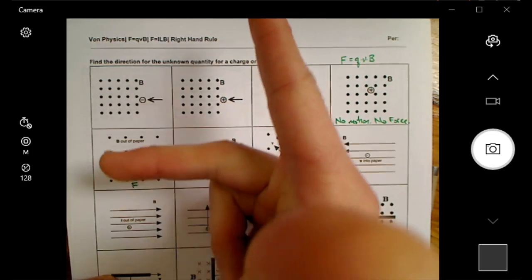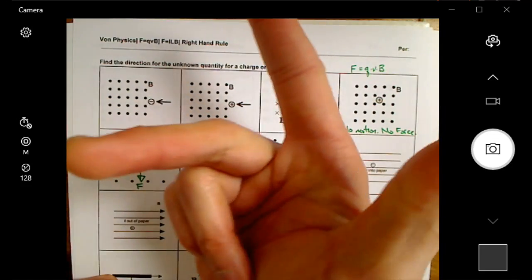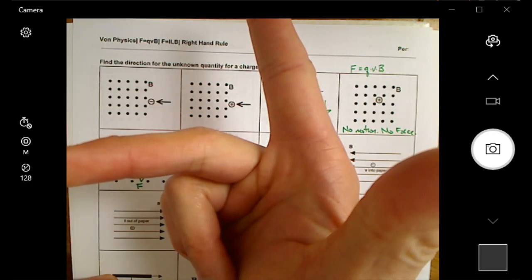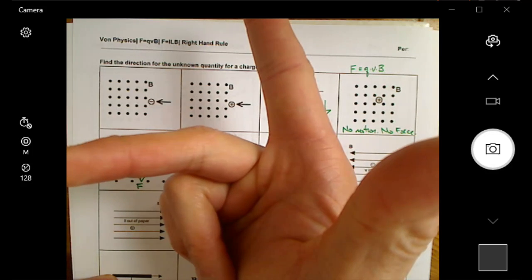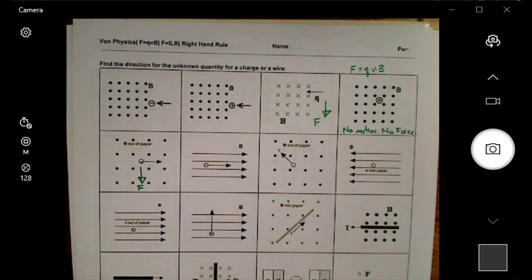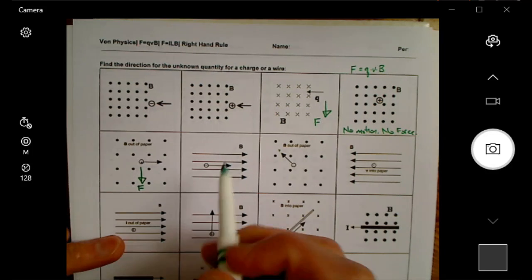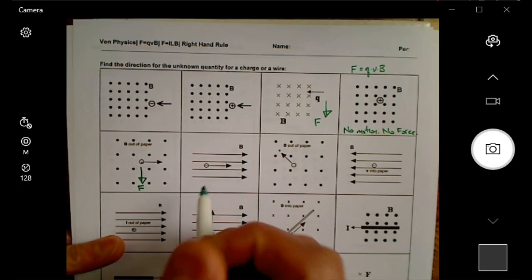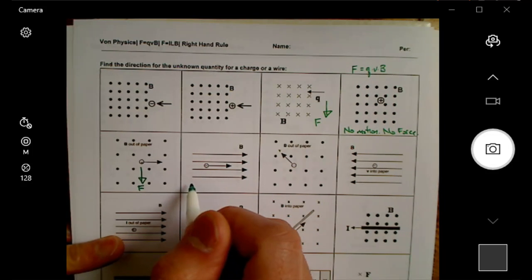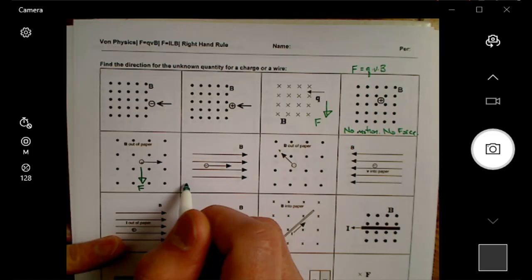My thumb is the direction of the force. All three of these things are 90 degrees with respect to each other. Always 90 degrees. If it's not 90 degrees, it doesn't work. So in this case, I have the charge moving from left to right in the same direction as the magnetic field. So because they're parallel, there's no force.